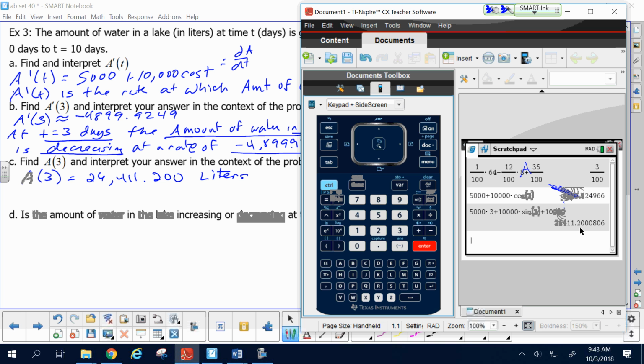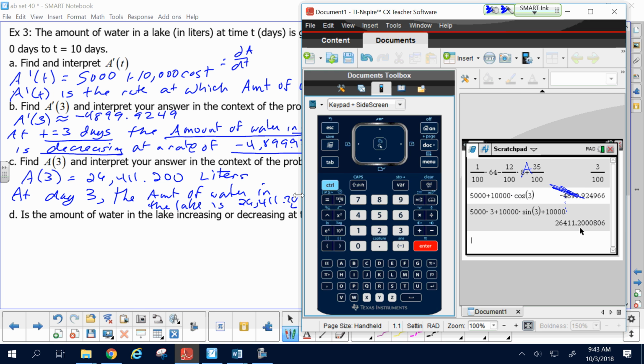At day 3, or on day 3, whatever you like. At day 3, or time equals 3 days, the amount of water in the lake is 26,411.200 liters. A gives the amount of water.